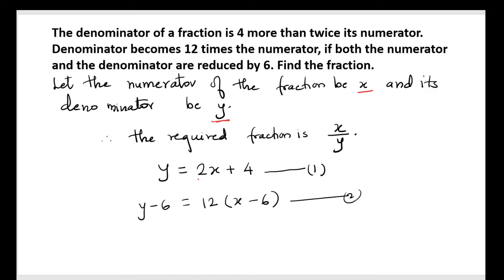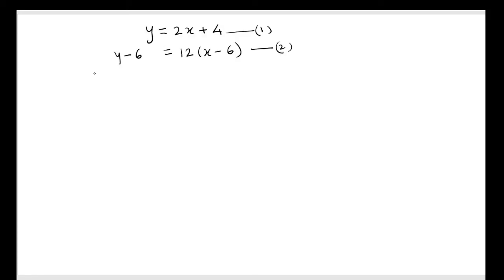You can very well see here that statements 1 and 2 are both equations in x and y. You can substitute for y from equation 1 into equation 2. We will be able to substitute this value of y over here in the place of this y.